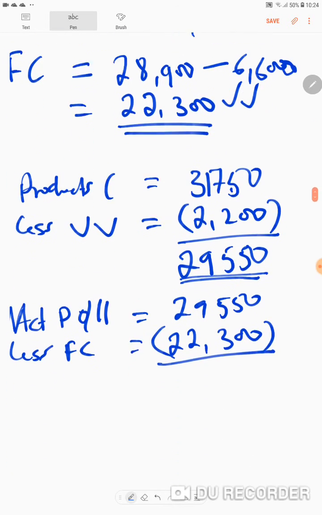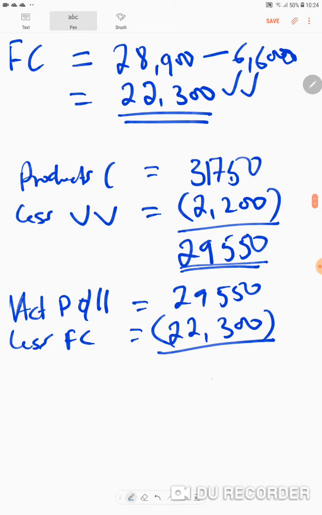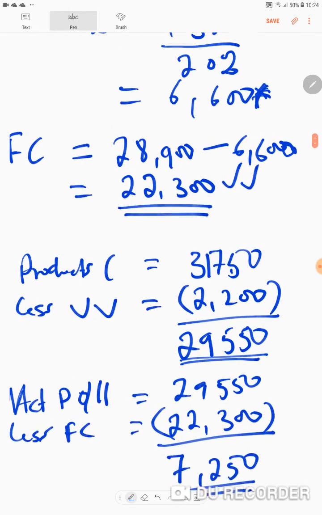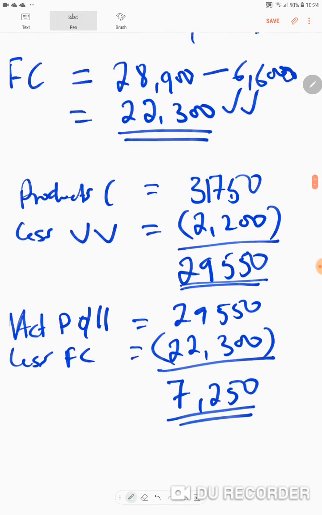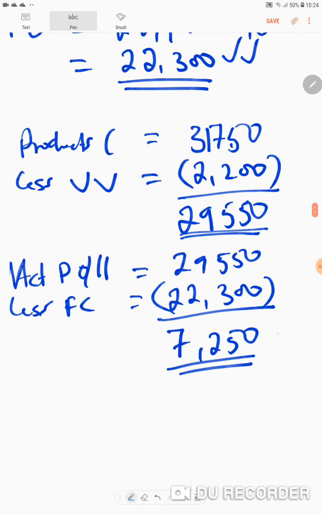So how much did we actually incur in variable costs for this period? It means that we incurred 7,250. Why is it different from the 6.6? So the 6.6 is variable cost at 100% capacity. Then the 7,250 is variable cost at the actual capacity for this production level.